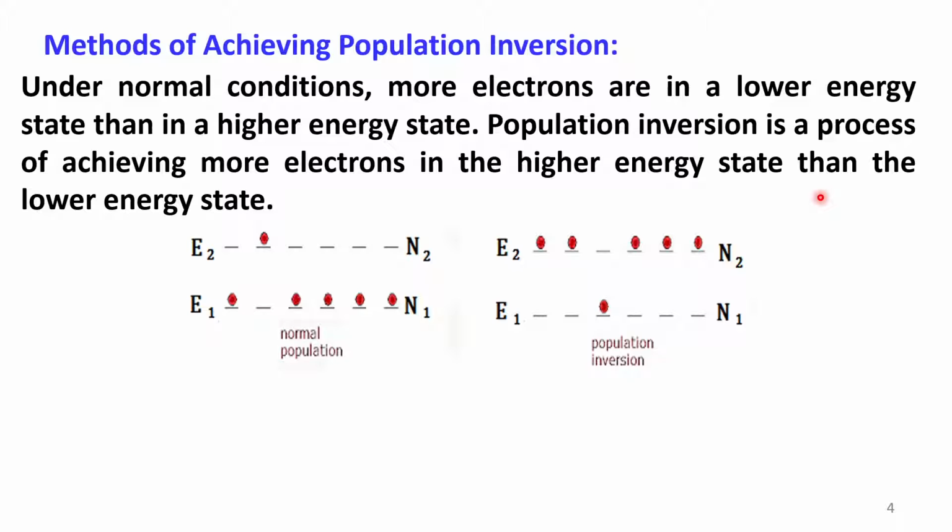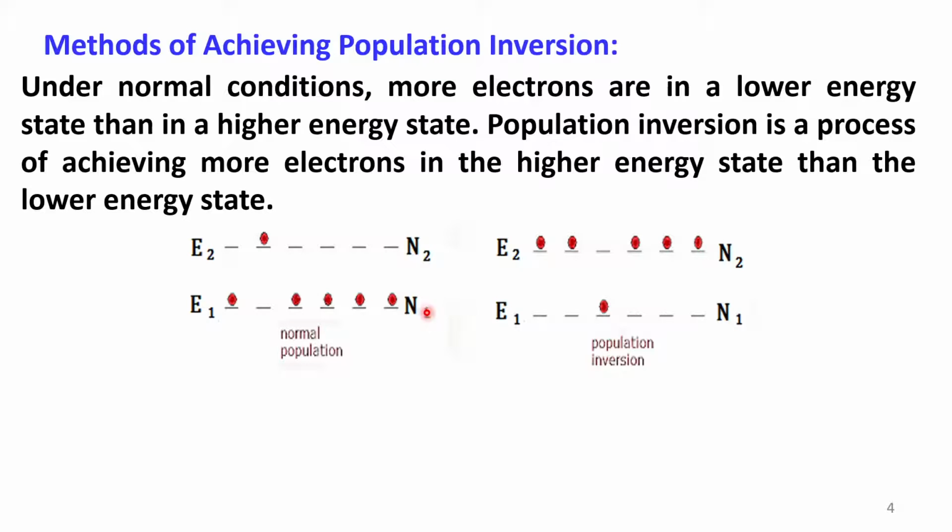In the first chapter, we have seen what we mean by population inversion. We know that under normal conditions, more electrons are in the lower energy state than in the higher energy state. And population inversion is the process of achieving more electrons in the higher energy state than in the lower energy state.